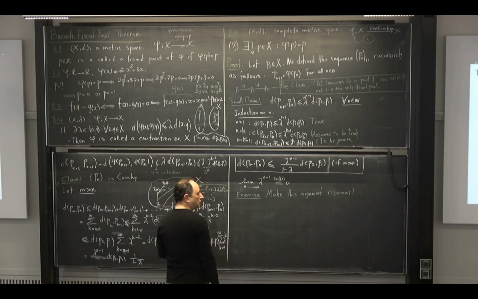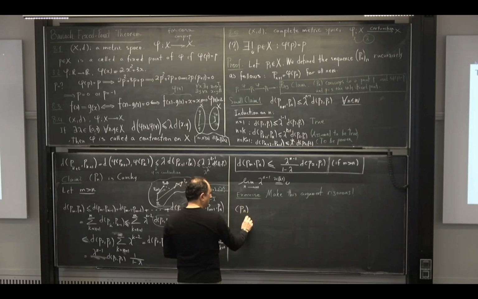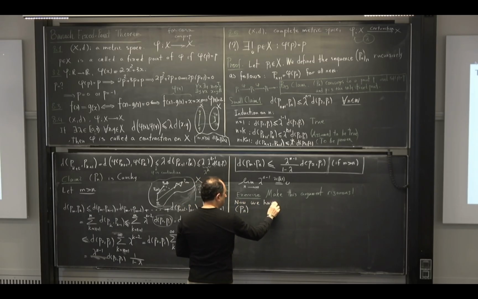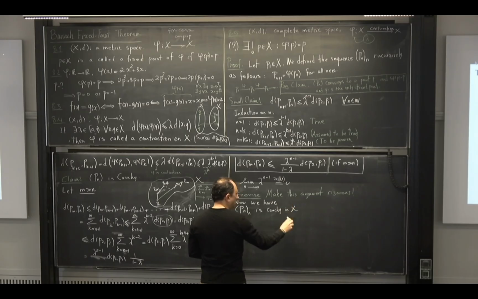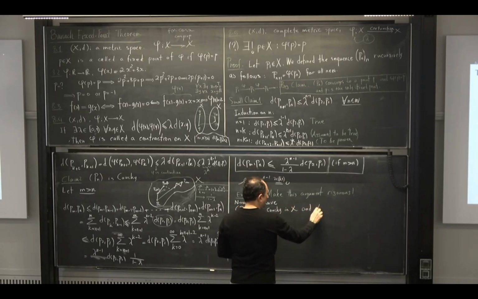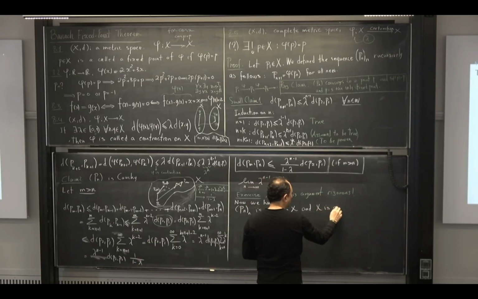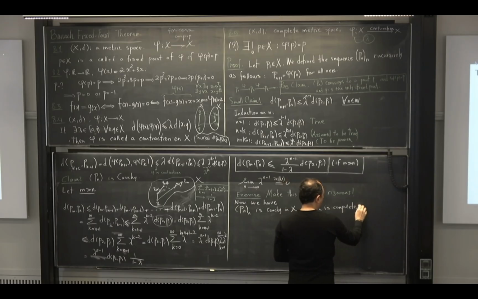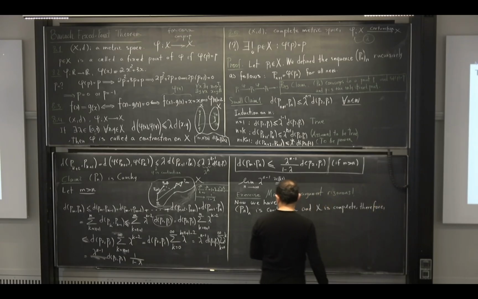So what we can conclude now: Pn is Cauchy in X, and X is complete. Therefore, what happens?